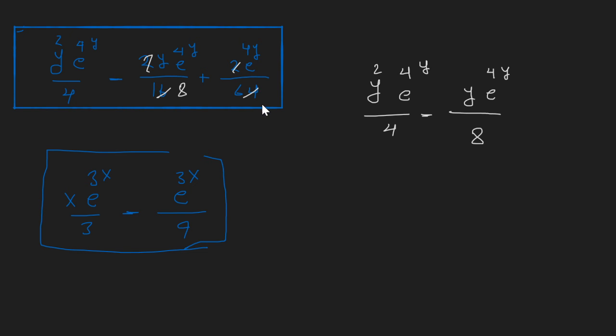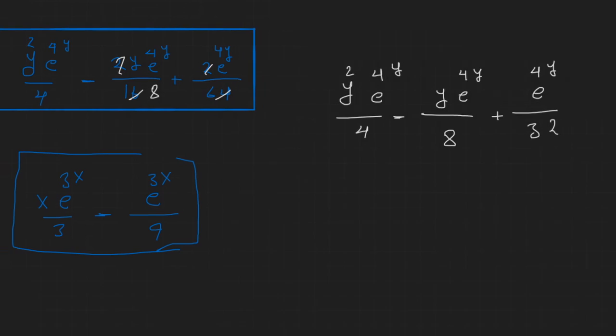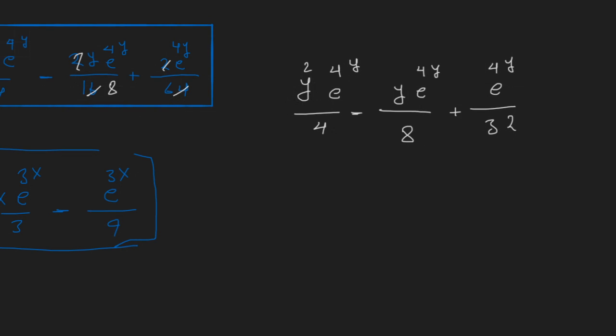We will get 32, sorry, so it's plus e to the 4y divided by 32.